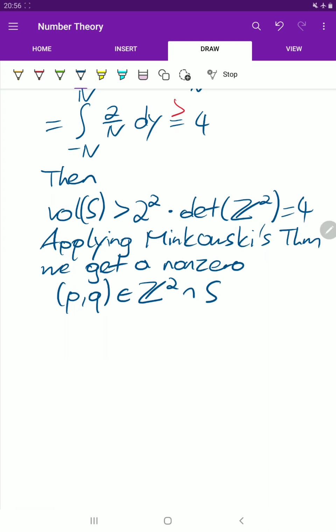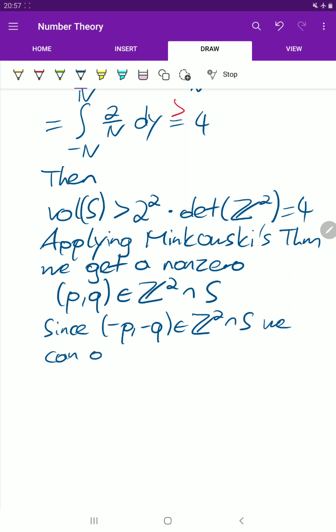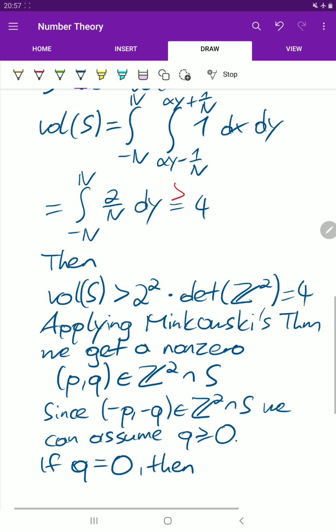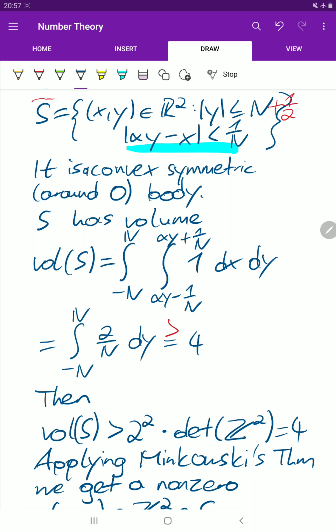Since minus p, minus q is also in here, we can assume that q is non-negative, and if q was 0, then, where's our condition?